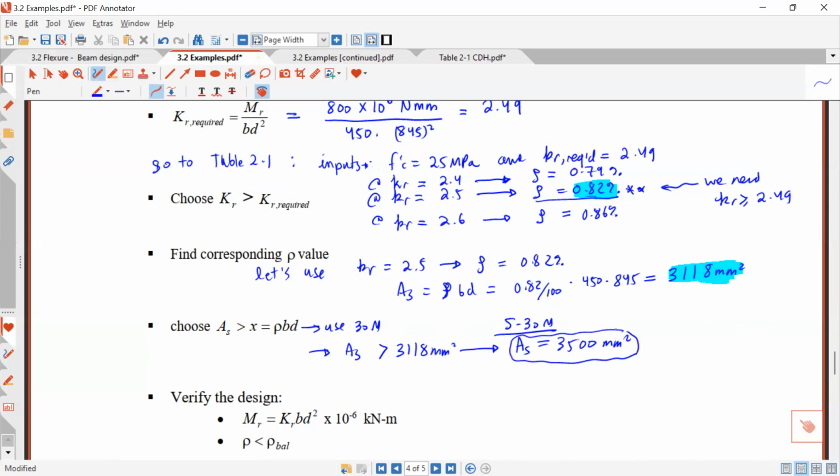Once we choose the amount of steel that we're actually using, we go through the calculation again to make sure our MR is okay. So we're going to use this to find the KR actual. That's the next step. Then once we know it, we're going to verify that MR is larger than MF, and then we'll do the other checks. So that's this example. We did 90% of it, but we have a little bit left. So we'll do that next week when we come back.